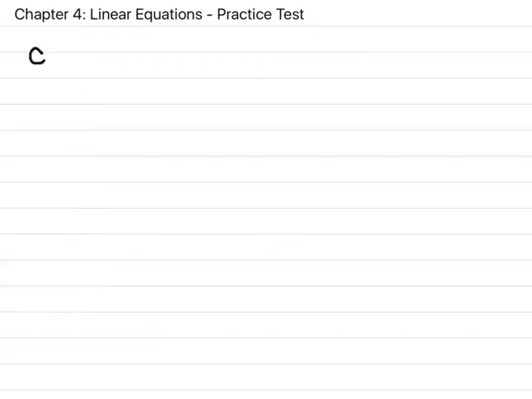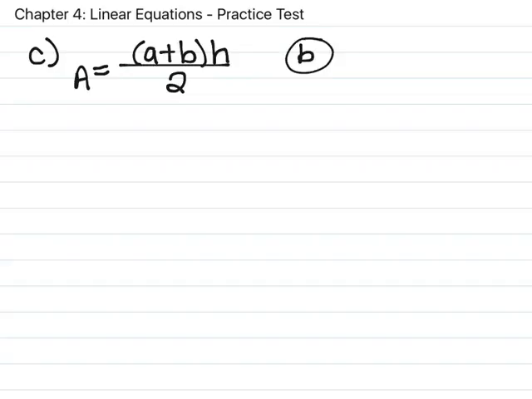So 8c, we have A equal to (a plus b) times h all over 2, and we want to solve for b. So I'm going to start by multiplying both sides by 2 so that we're not looking at fractions.